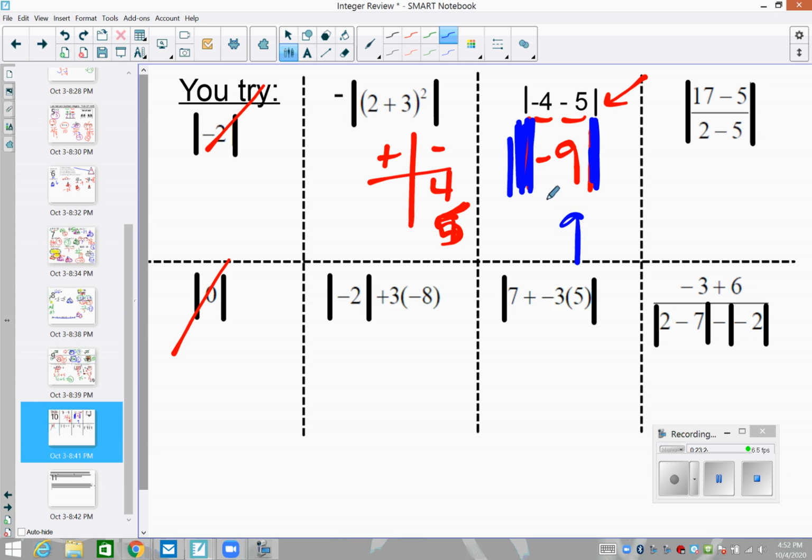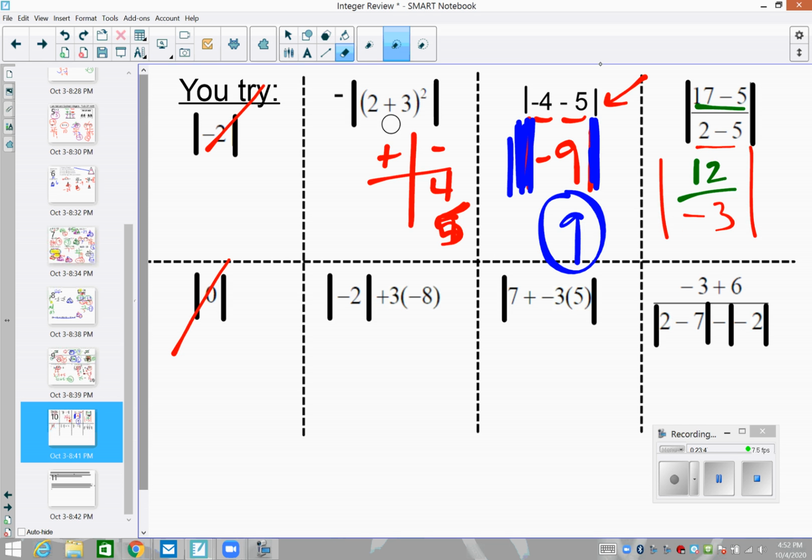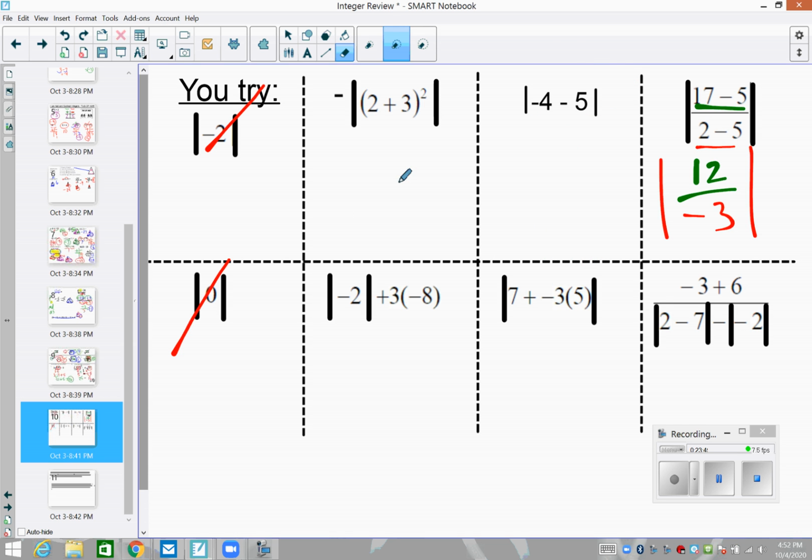Now this problem up here, we have 17 minus 5, which is 12. And in the denominator, we have 2 minus 5, which is negative 3. All of that is in absolute value bars. And then we have a triangle problem here.